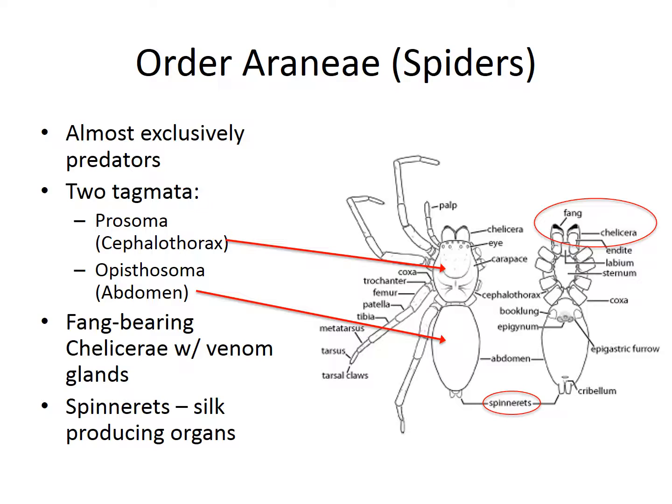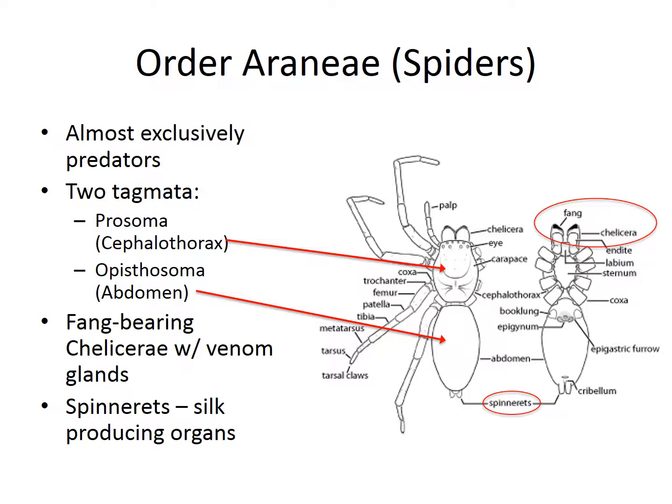Spiders are characterized by two distinctly separated tagmata. The front half of them, which is called the prosoma, sometimes referred to as a cephalothorax, and then the rear half of them, which is referred to as the opisthosoma, or sometimes abdomen.